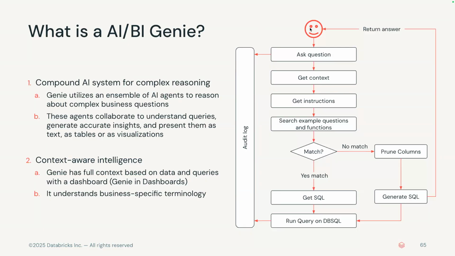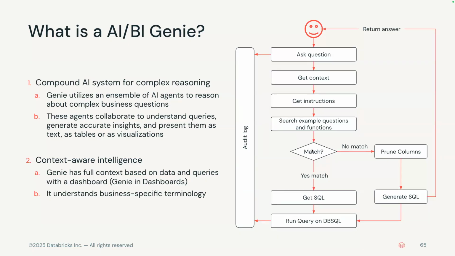So this is basically what happens when Genie gets asked a question. It looks for context in the forms of the metadata, the example SQL queries that you've provided, any instructions for custom business logic that's not in the data. If it finds a match and can generate a query with enough confidence, it will generate that query and automatically run the query, right?